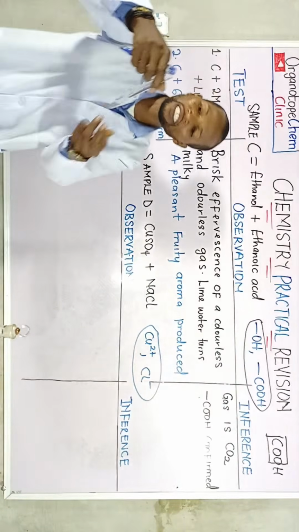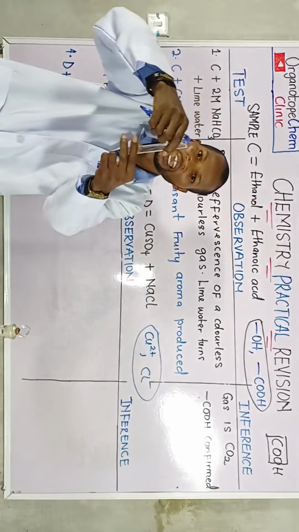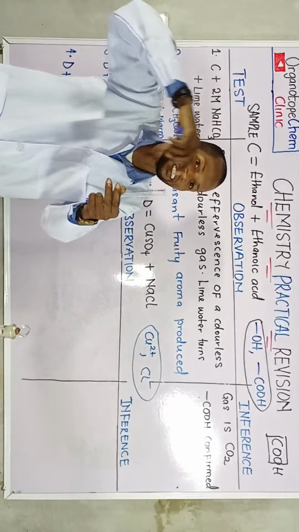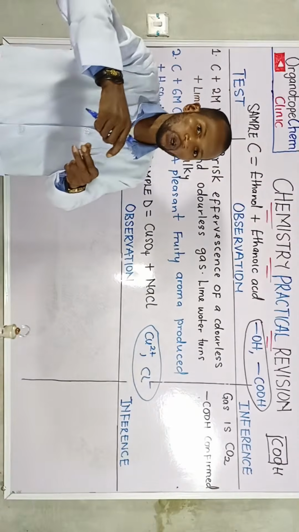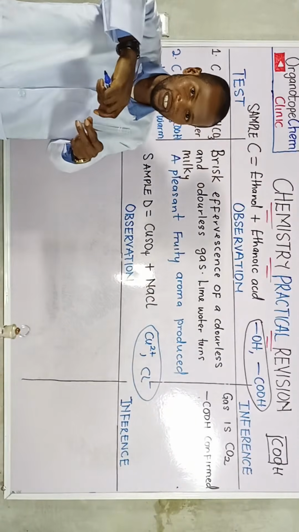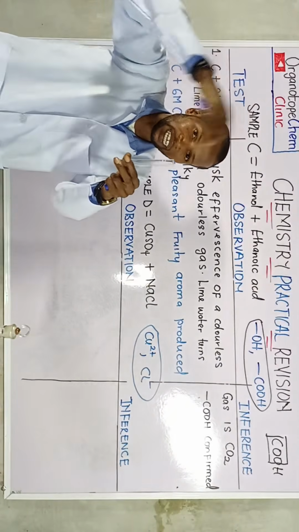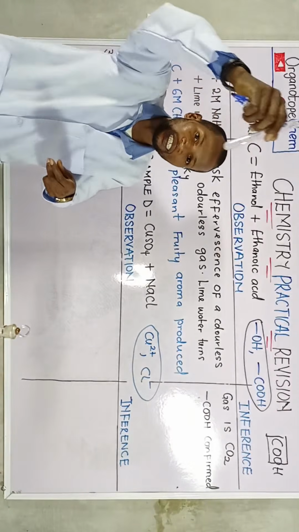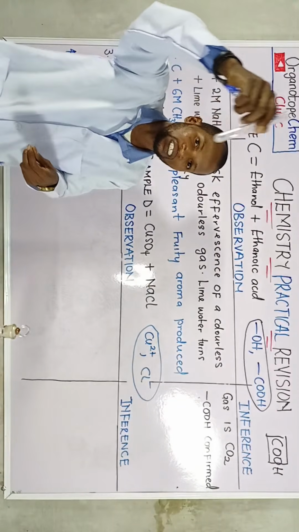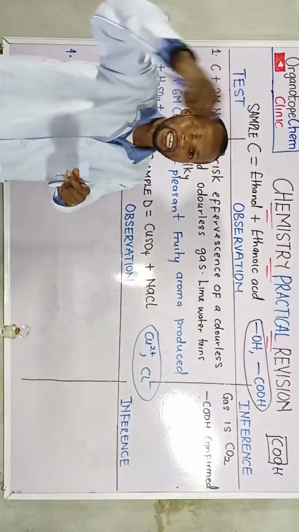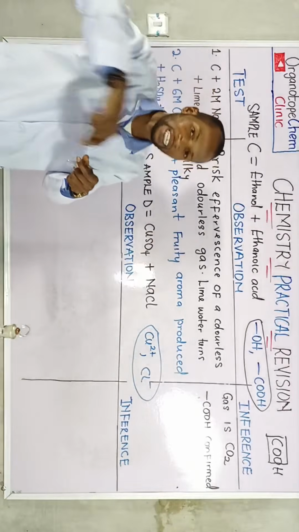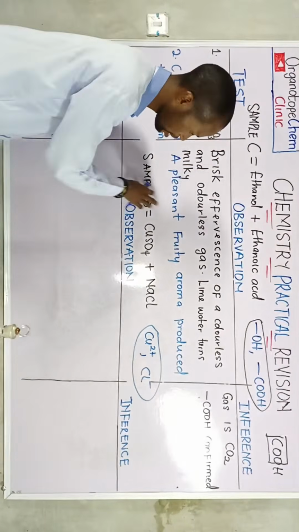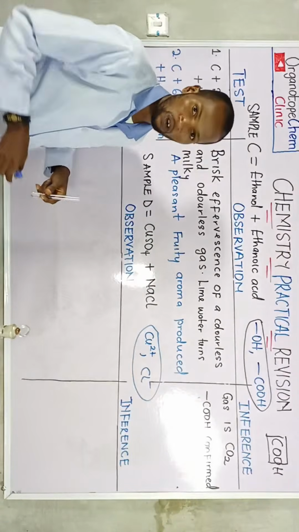In the mixture of sample C, we have ethanoic acid and ethanol. So we are still adding ethanoic acid, and we are not interested in it. We are interested in the other constituent, which is the ethanol. So it is ethanol that reacts with ethanoic acid to give this fruity aroma, okay?